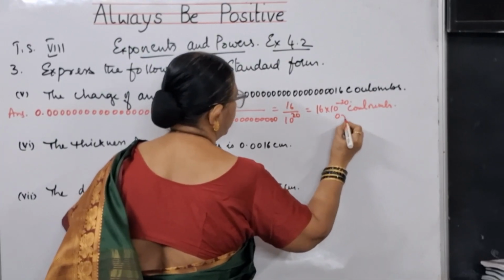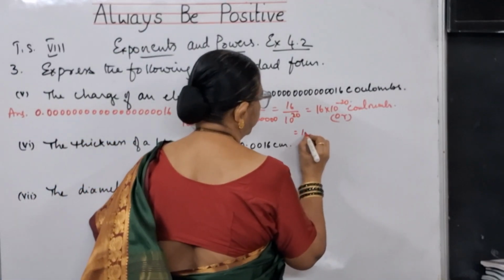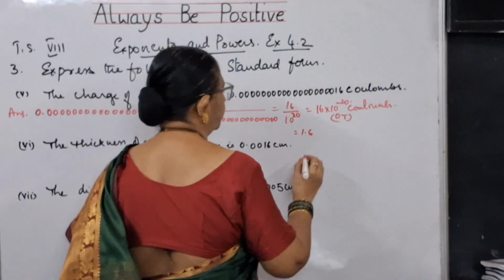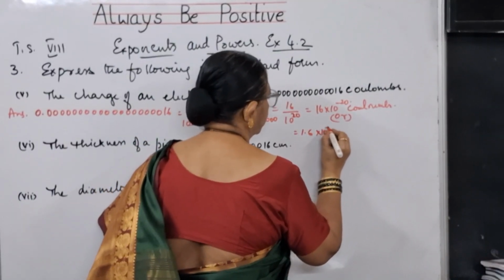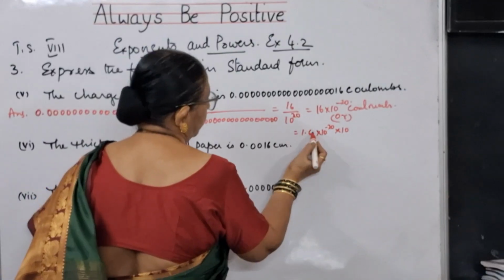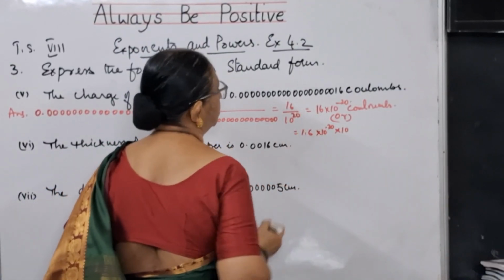You can even write it as, children, if you keep a decimal here, 1.6, standard form can also be written like this: 1.6 into 10 to the power of minus 20 into 10. Why? Because there was no decimal, but I have kept a decimal.